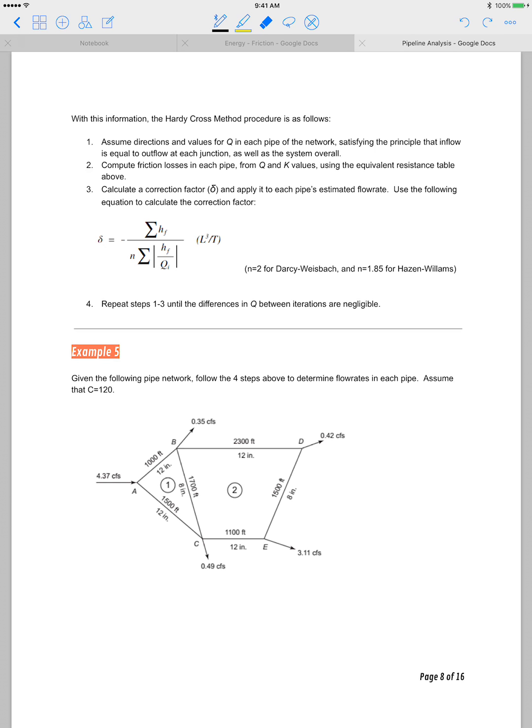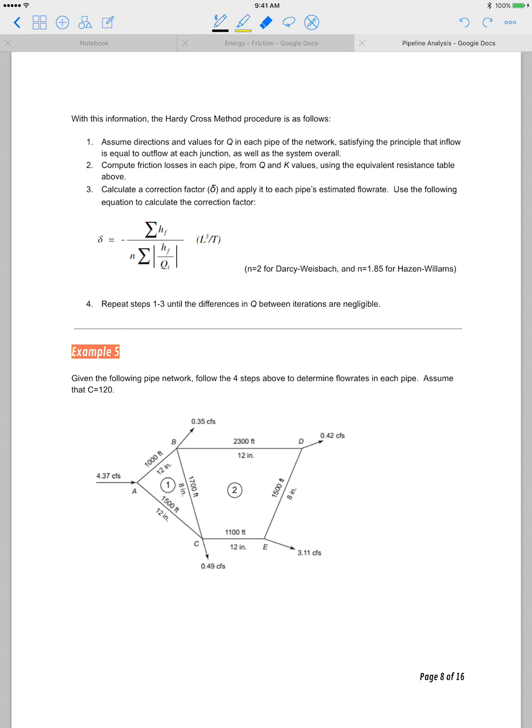And then when you have that, you apply it to your original Qs, and you go back in and do another iteration. Again solving for the friction loss, again solving for the correction factor, and again and again until you have negligible difference in your flow rates after applying the correction factor. So when the correction factor gets really, really small.